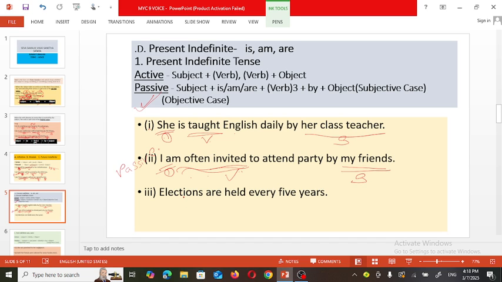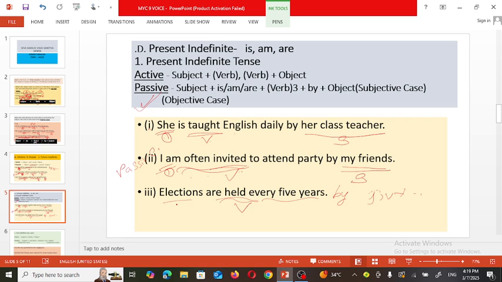Okay. Next example. Elections are held every 5 years by the government. That is not written here, but it is understood. Taking elections, held is the verb here.